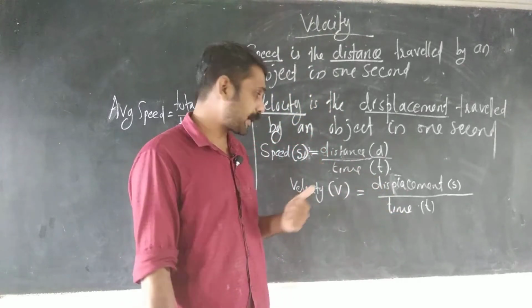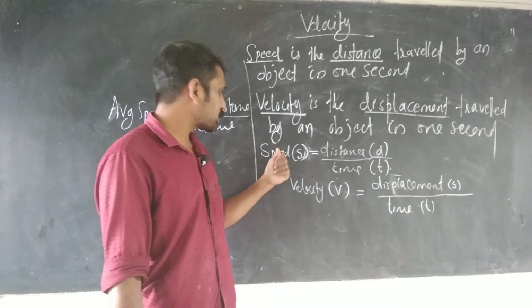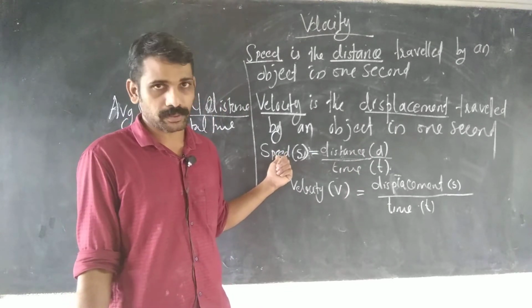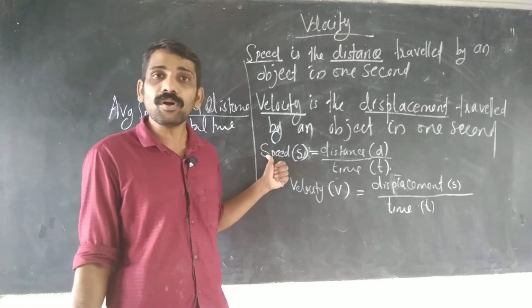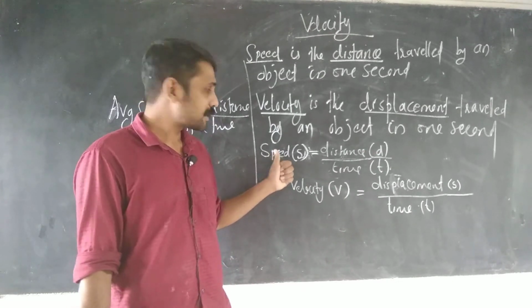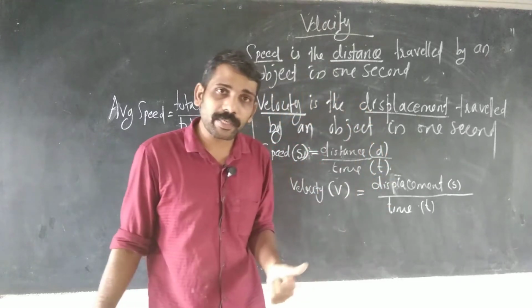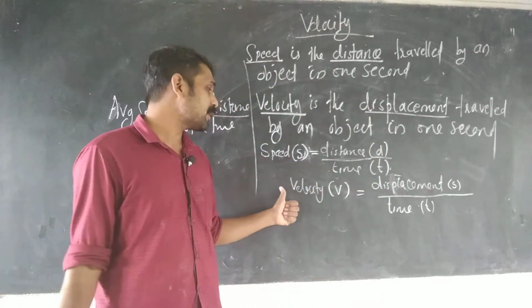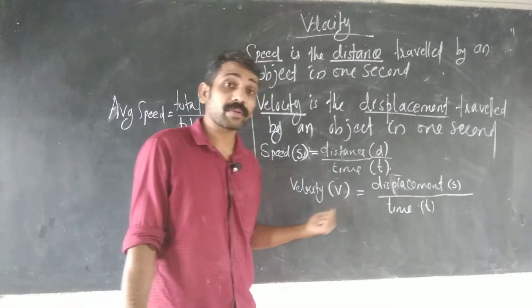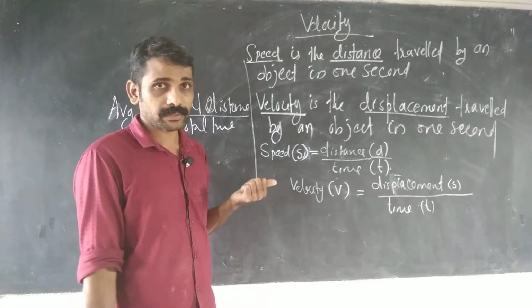So speed has only magnitude and no direction. Displacement has both magnitude and direction, so velocity will also have both magnitude and direction.